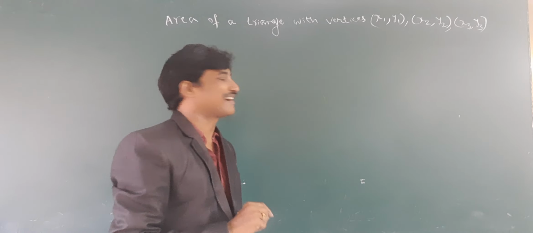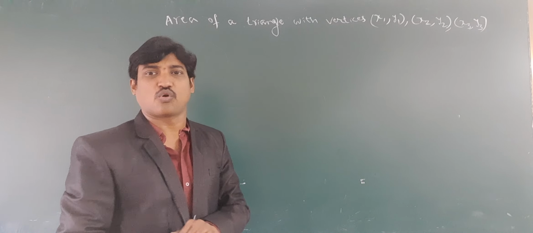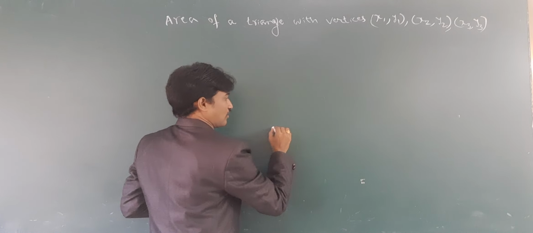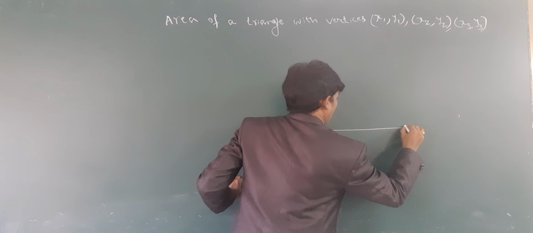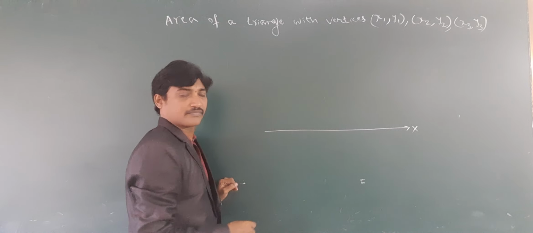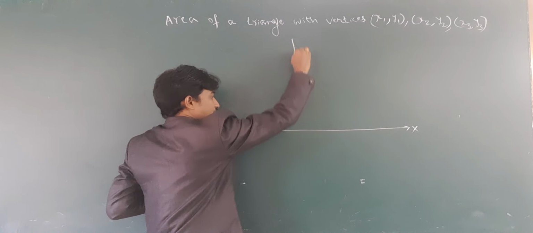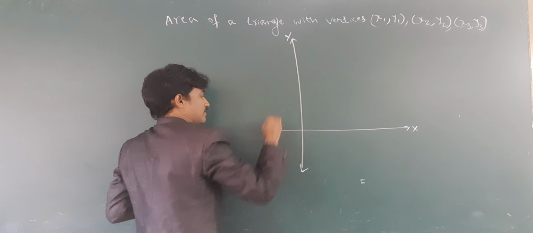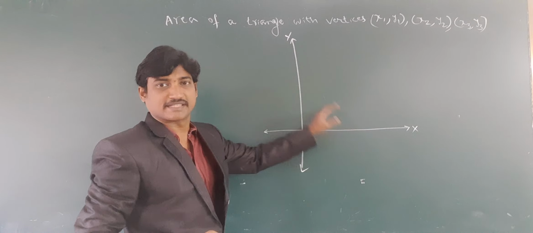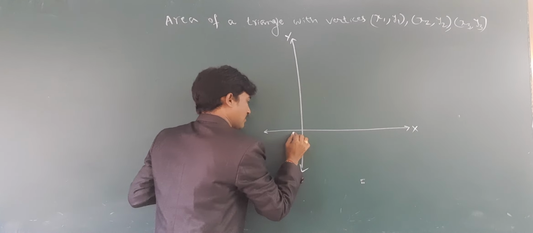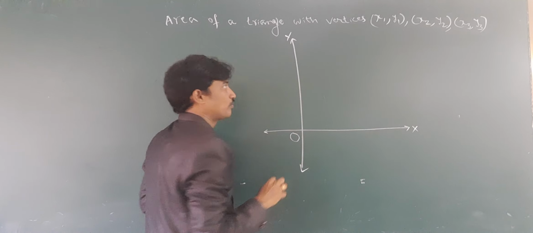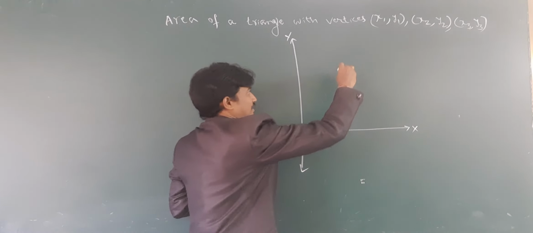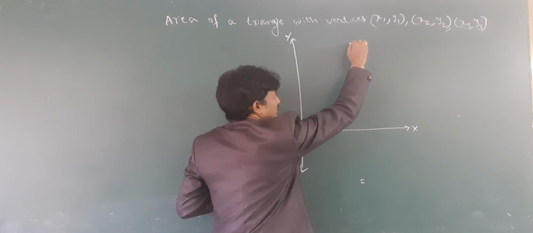Now I am taking this triangle on coordinate axes. The horizontal reference line is called the x-axis, the vertical reference line is called the y-axis, and the intersecting point of the x-axis and y-axis is the origin O.